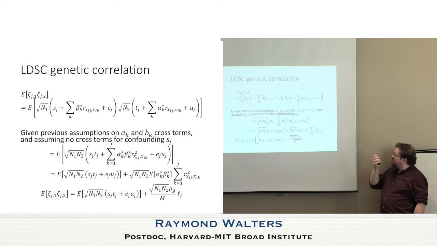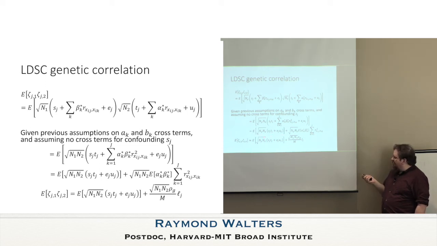And given our previous assumptions about cross terms, we end up being able to pull apart a term here that is related to sample sizes and the stratification terms, essentially the cross product between stratification terms and the cross product between error terms, that we have not said are independent between the different traits.